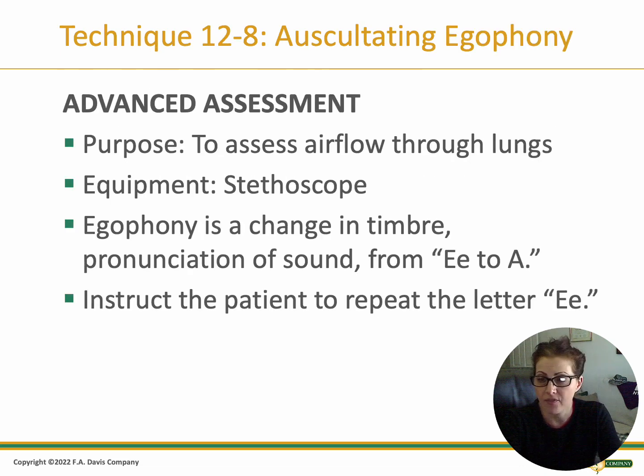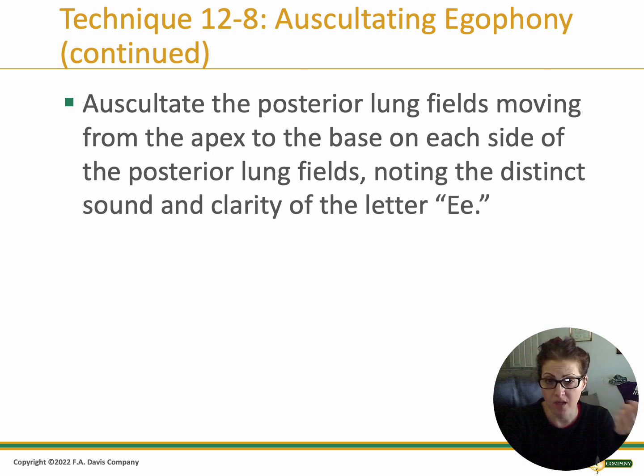Another one is egophony. That's very similar to bronchophony, but you can select to do egophony. In this one, you're asking them to say E, E, E, but the normal finding would be you would hear A. You're auscultating again, same thing, the posterior lung field moving from the apex to the base.